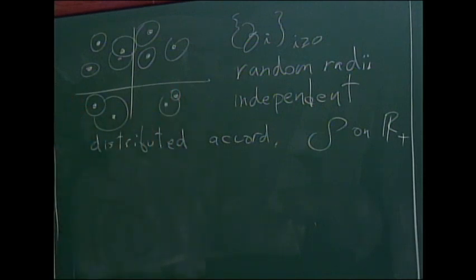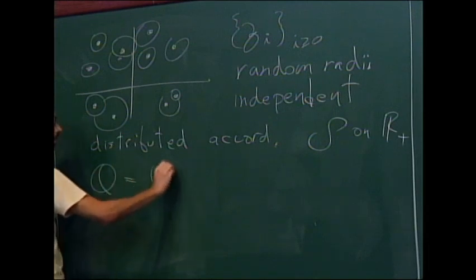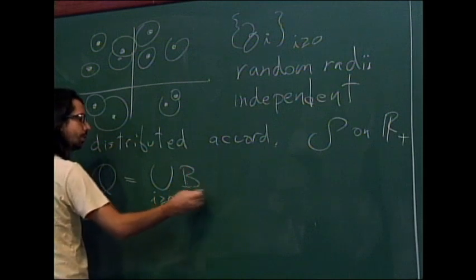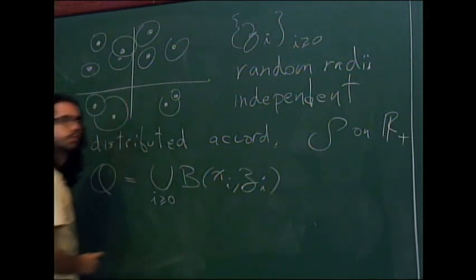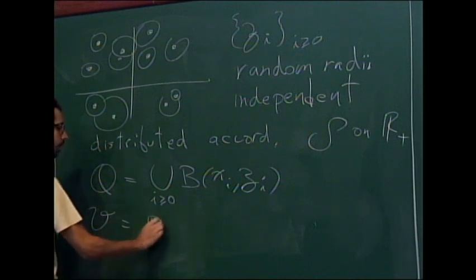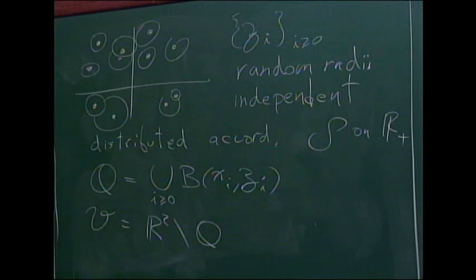So let's just introduce one more notation. O will be the occupied set, the union of all the balls with centers xi and radius zi, while V will be just the complement, R2 minus O, what's left vacant in the plane.